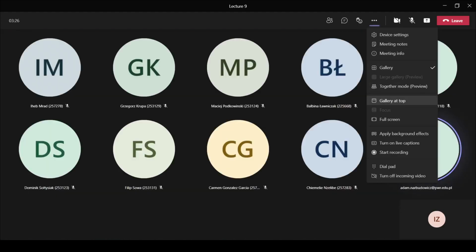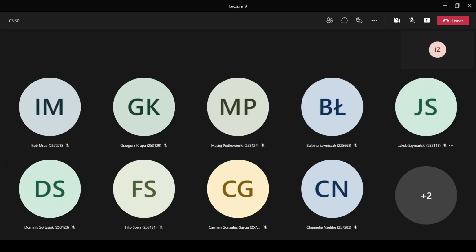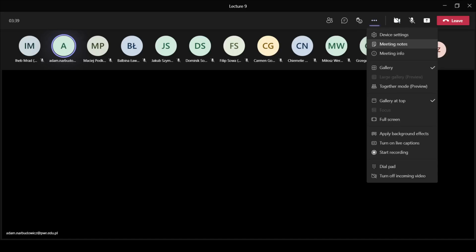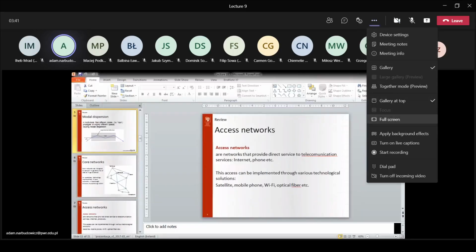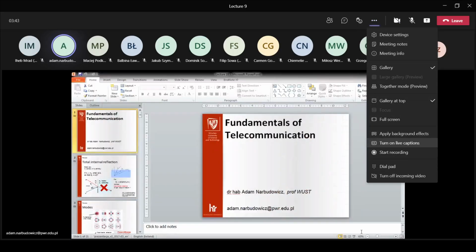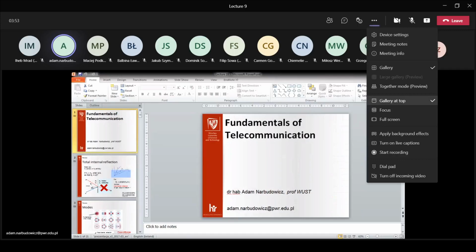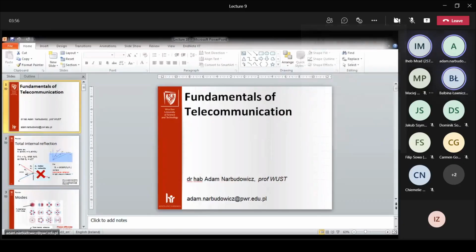So then let's just go to our fundamentals of telecommunication lecture. Now, can you see the slide correctly? I mean, correctly in the full screen mode, and can you hear me? No, it's not full screen mode.